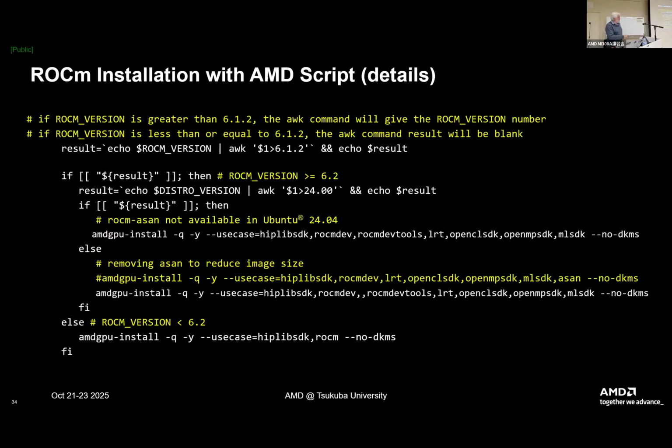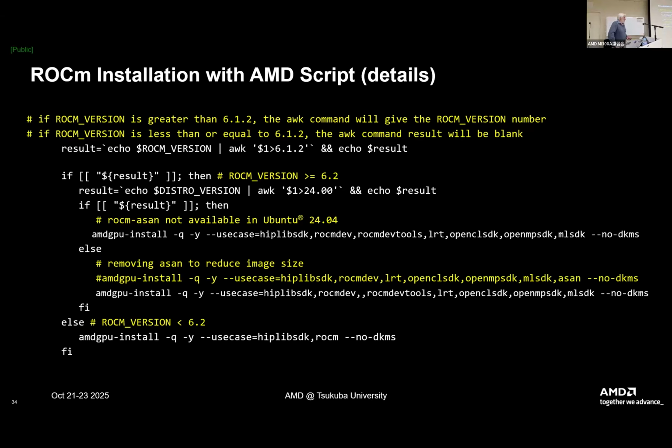So here is where we do the list of packages we have to install. For older versions, less than 6.2, we had a different list that we installed. We had a question here earlier about the address sanitizer. We do not install that by default because it doubles the size of the image, but you can install that. I would be selective with that unless you have a lot of disk space.